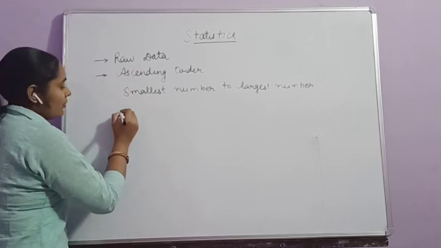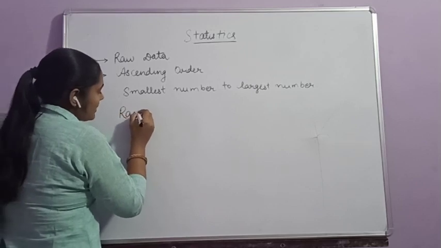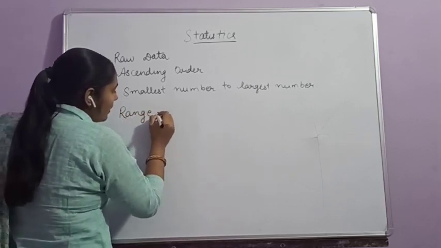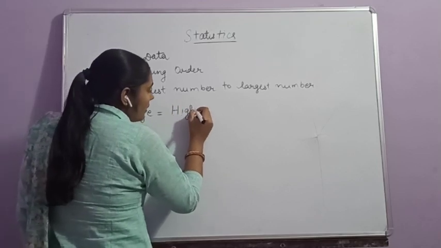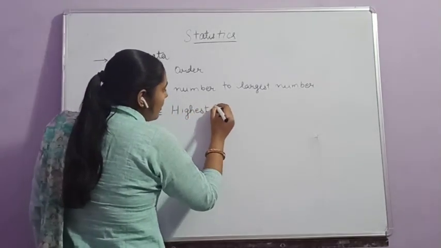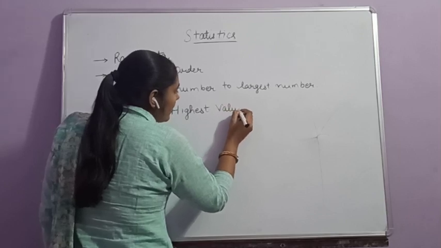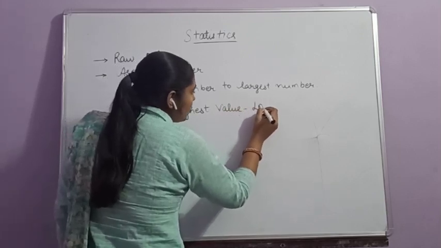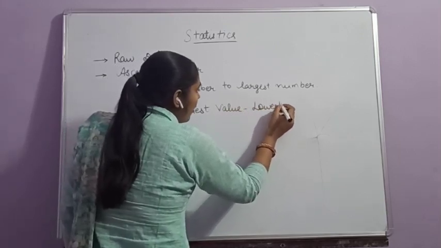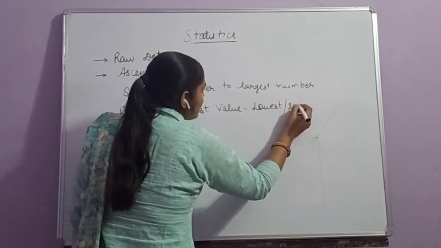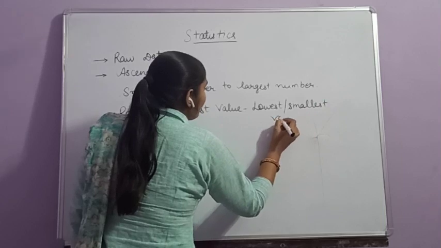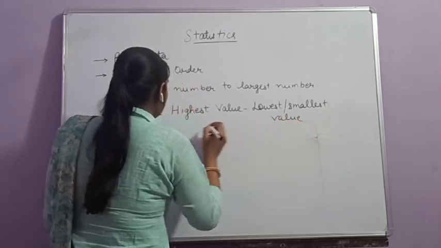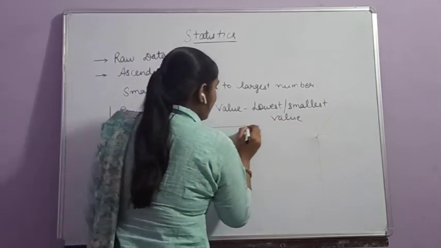Range of data is equal to highest value minus lowest value, or smallest value. That is the formula for range.